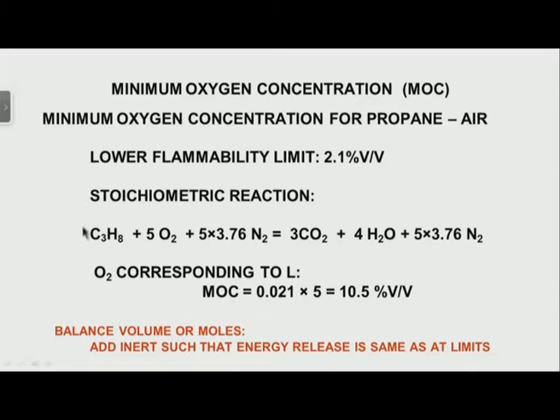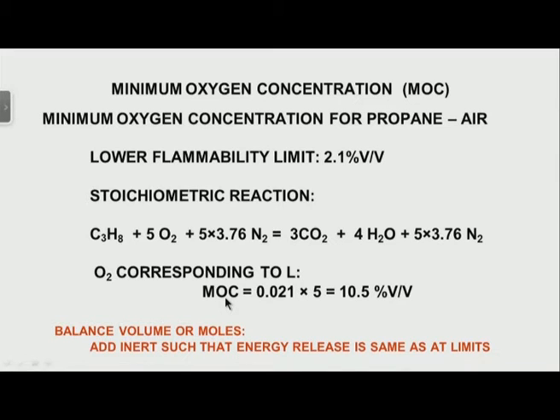But now, I say lean limit of flammability is 2.1%. Therefore, the amount of oxygen available in this reaction corresponding to the lean limit of flammability is 5 into 2.1 divided by 100, or 0.021 into 5, which is 10.5, and this 10.5% of volume of oxygen divided by volume of mixture is what is denoted by MOC.